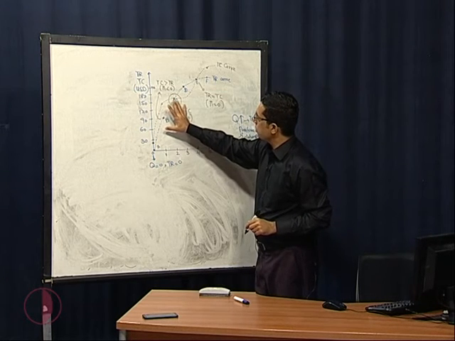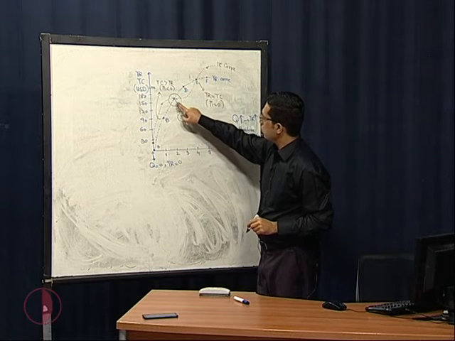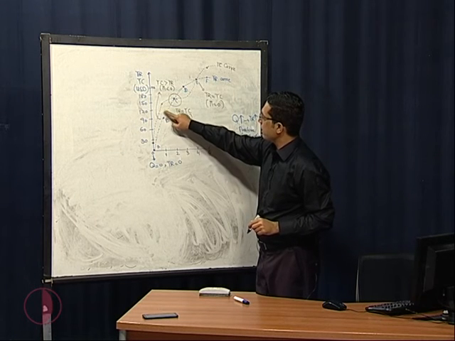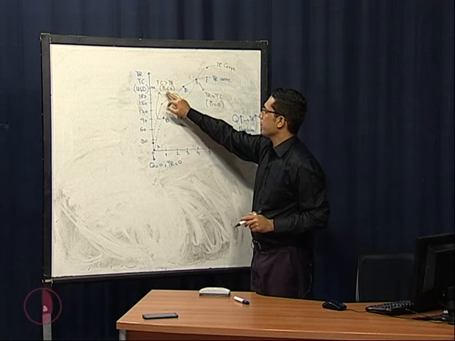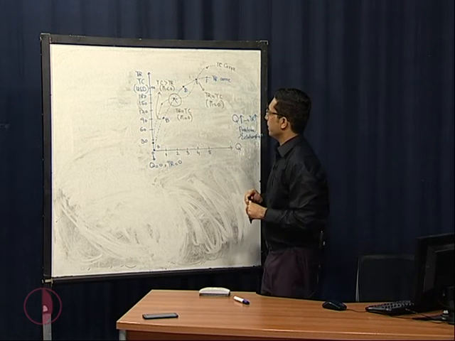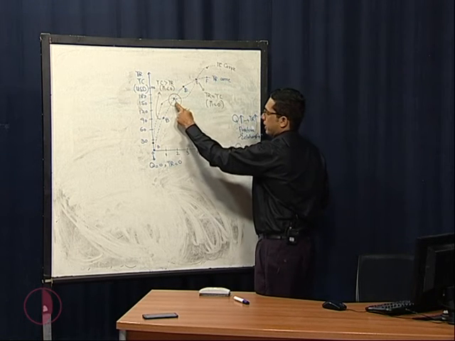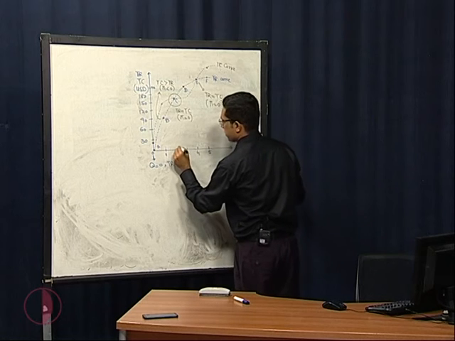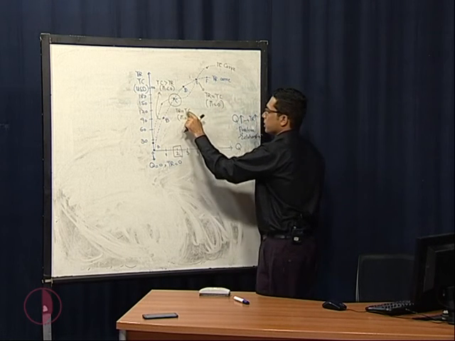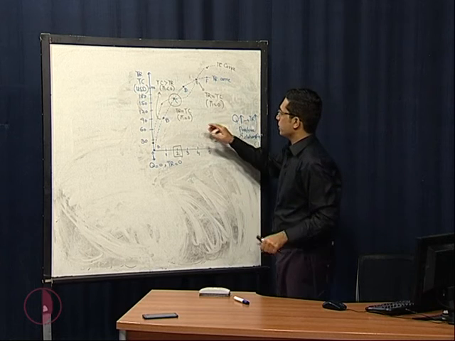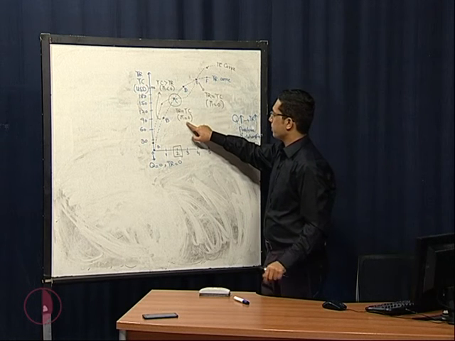From here to 2, in this area, the firm is incurring a loss. That's why profit is less than 0. At 2 units of output, when Q was 2, total revenue and total cost were equal and the profit was 0.